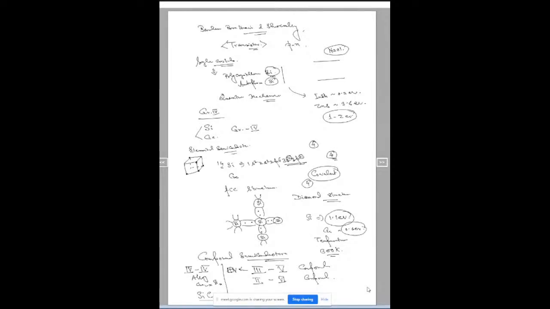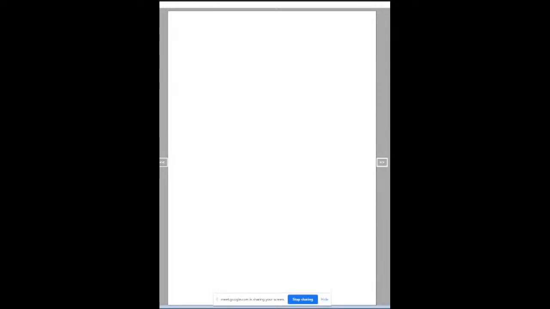And if we come to these compound semiconductors, let us say for example, if I take 3,5 semiconductors, gallium is a material which belongs to group 3, arsenic is a material which belongs to group 5, and this forms a compound gallium arsenide which has a band gap of 1.43 electron volt.